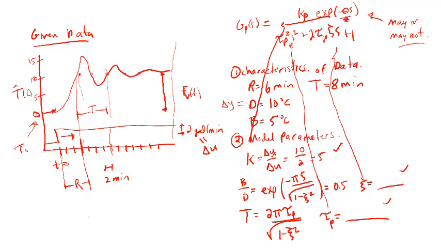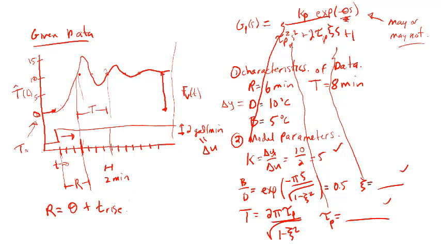But what we do know is that the plot characteristic R would be equal to theta plus t rise. So t rise is the time that it takes a theoretical second order model to cross the new steady state value. We don't know if this is a theoretical model or not. So R could be equal to t rise, or R could be something smaller than t rise. If R is less than t rise, we know what the dead time for this is.